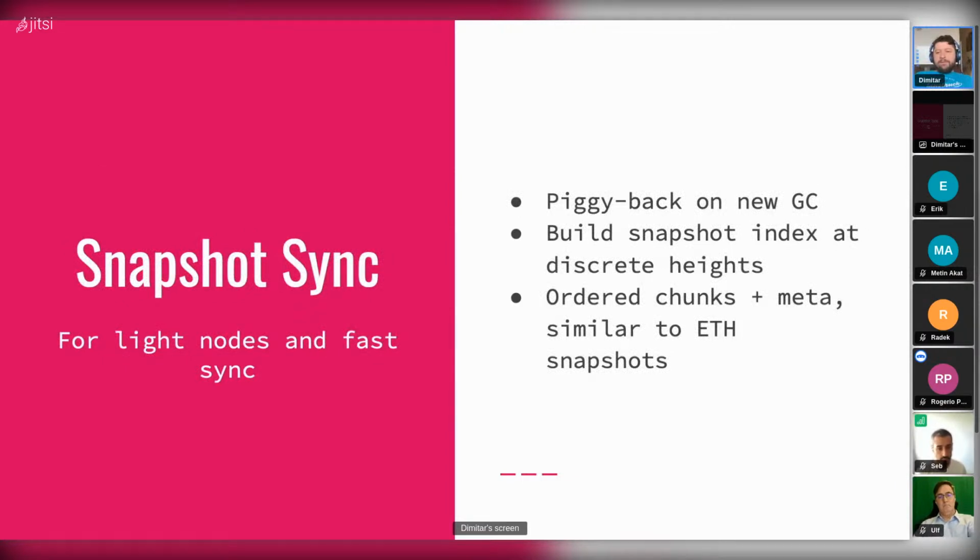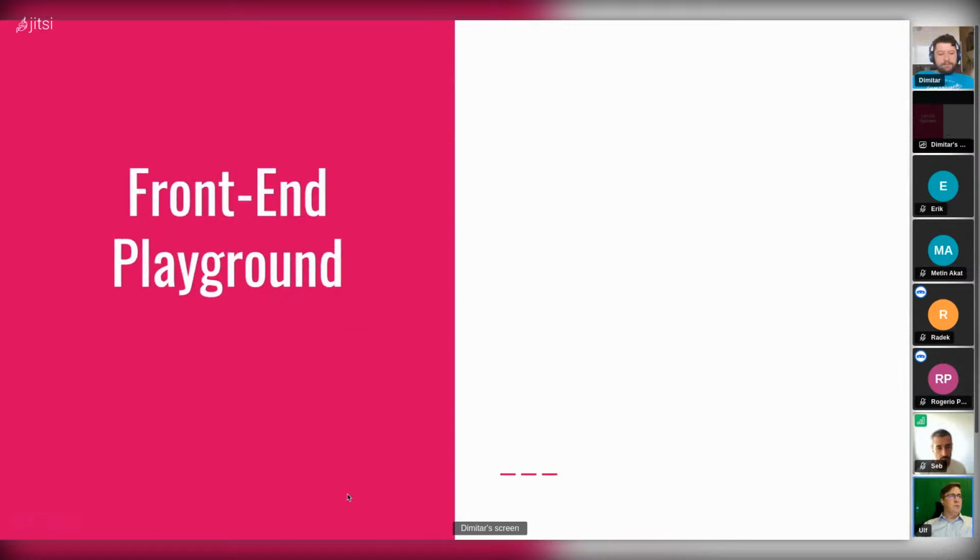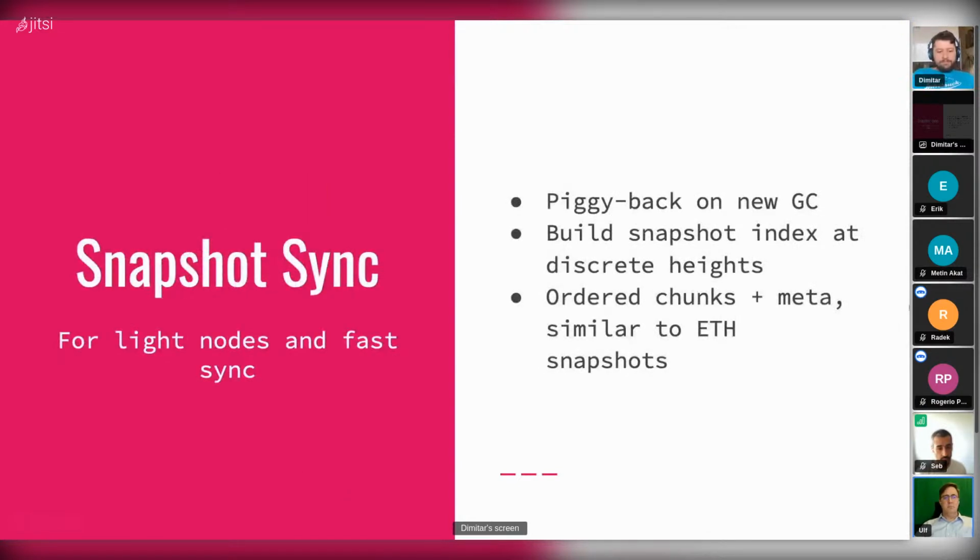Now I give the stage to Uf to talk a bit about Snapshot Sync. Yes, so a few weeks ago, 3 weeks ago, we merged the improved garbage collection into master. It hasn't been released yet, but it will be part of the next release. What this does is that it supports garbage collection on all state trees.